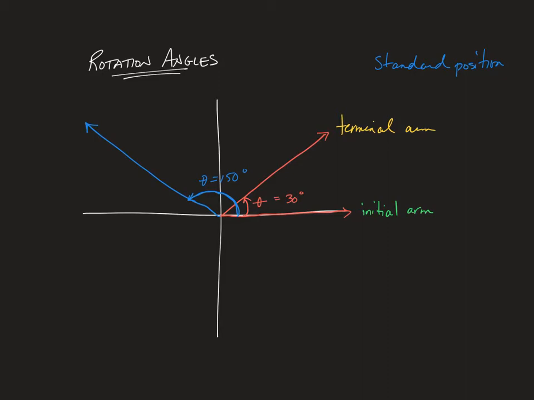More importantly, I can create any angle. So maybe this time I rotate my terminal arm all the way around into the fourth quadrant. Maybe I label that angle alpha, just to give it a different label. For me to get into the fourth quadrant, you would have had to rotate 90, 180, 270, and so I'm going to be somewhere between 270 and 360 degrees, a full rotation.